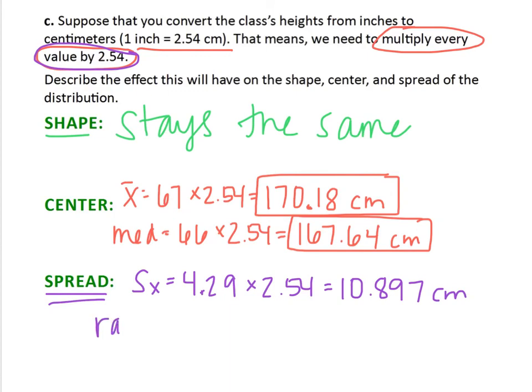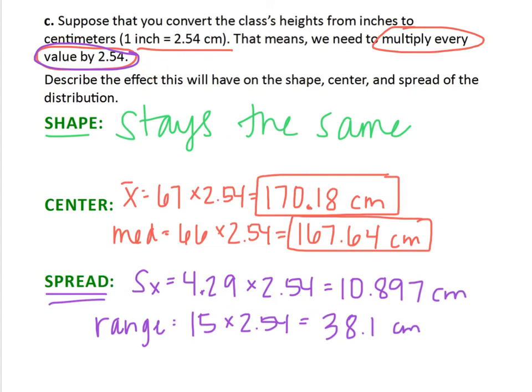My range was 15, but it gets multiplied by 2.54, and that gives me a new range of 38.1 centimeters. So we can see the centers changed and the spreads changed as a result of multiplying by a value, we'll call that b.